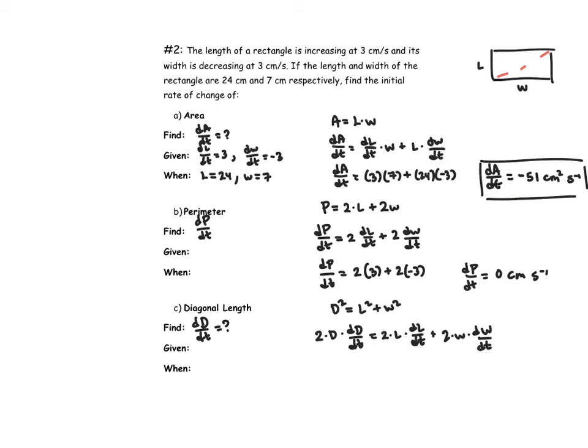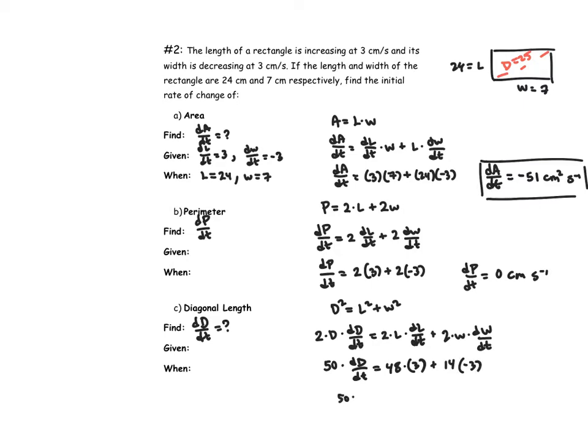Okay, let's plug in values that we know. If the length is 24 and the width is 7, another Pythagorean triple would tell me that the diagonal is 25. So I would have 2 times 25, which is 50, times dD/dt equals 2 times the length, which would be 48, times dL/dt, which is 3, plus 2 times the width, which is 14, times dW/dt.